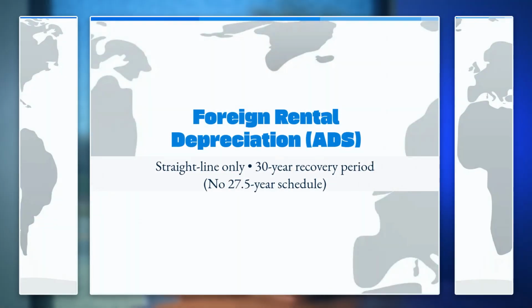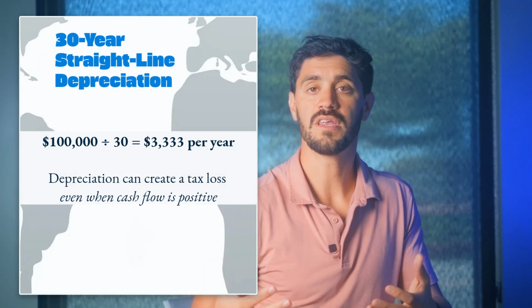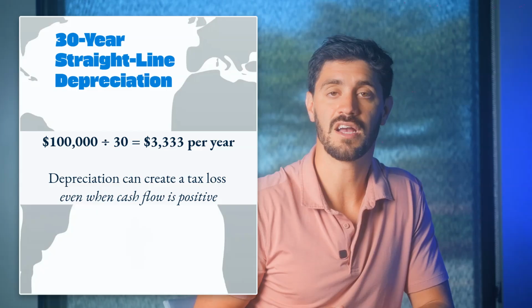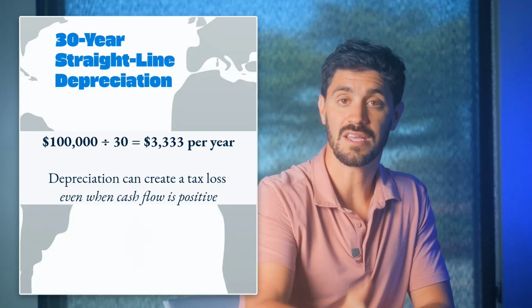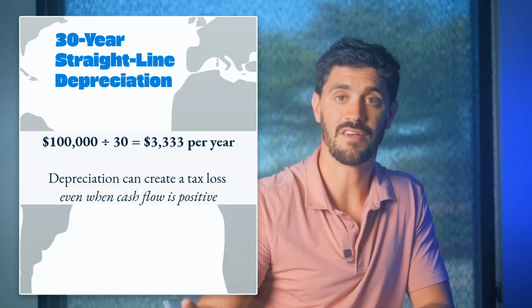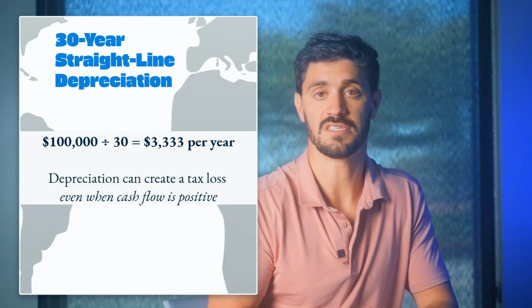You have to use what's called straight line depreciation, or ADS is the technical term. And for residential rental property, it's depreciated over a 30-year period. So simply put, if you purchase a property for $100,000, you divide $100,000 by 30, and you take that as depreciation expense every year on top of your other business expenses.